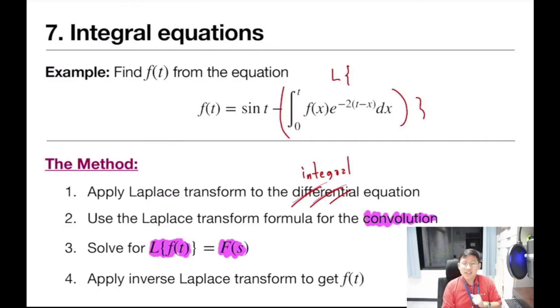It's just that you have an integral in the differential equation, and in that case you just apply the Laplace transform, and whenever you see the integral you use the Laplace transform of convolution functions. So I would say the seventh section is just a special case of the fifth and the sixth.